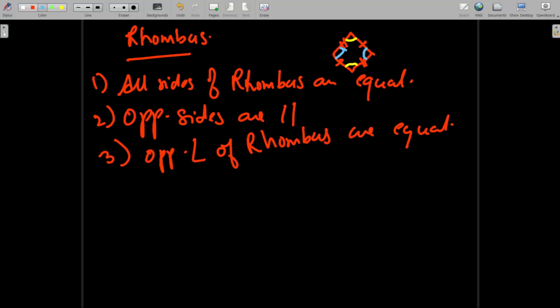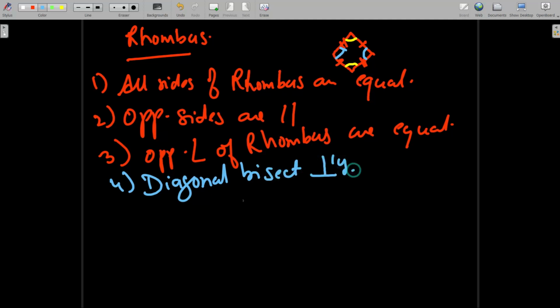So the opposite angles of a rhombus are equal. Now, as we have seen in the square, the diagonals bisect each other perpendicularly. So in a rhombus also the diagonals bisect each other perpendicularly. So the fourth one is: diagonals bisect perpendicularly. Okay, so these are the properties of a rhombus.